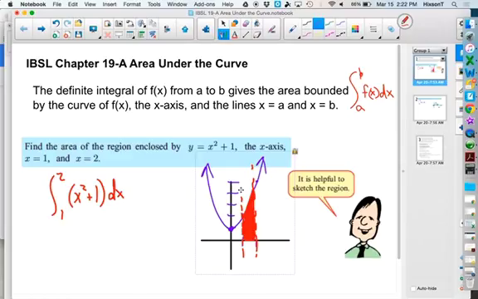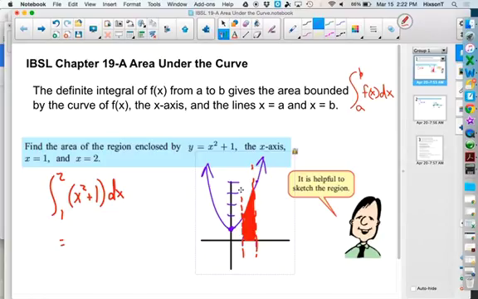Now we're trying to make some more concrete applications to area. Notice we're getting into chapter 19 right now. Chapter 19 takes us away from just the mathematics of the integral to the application of the integral. So here we're finding our area, and we can actually calculate this.